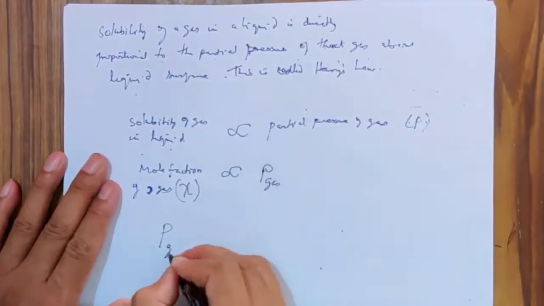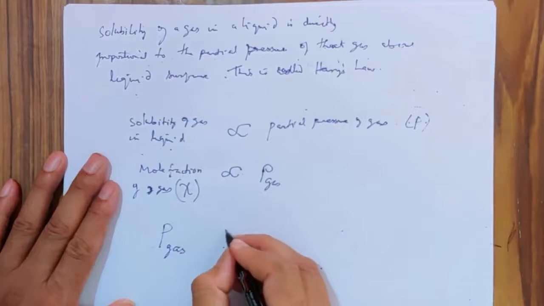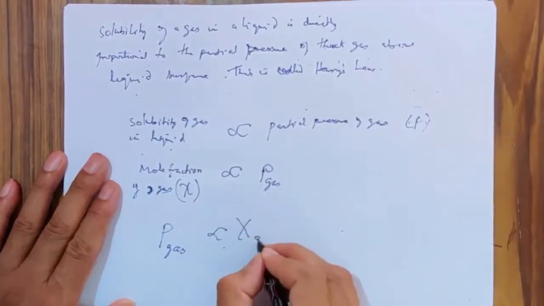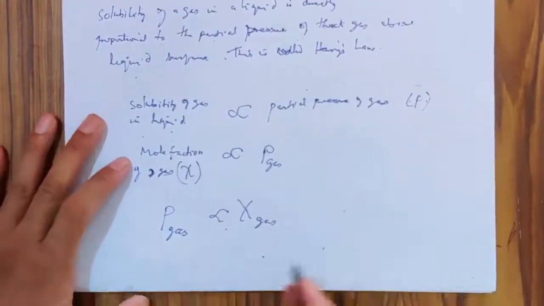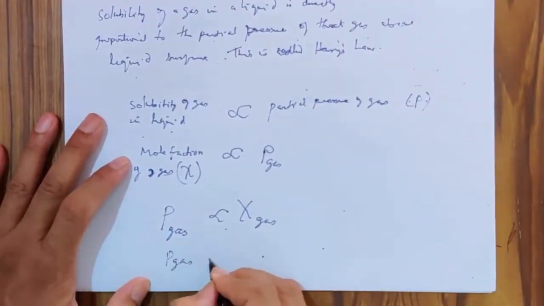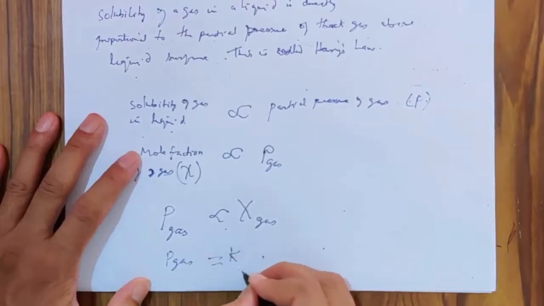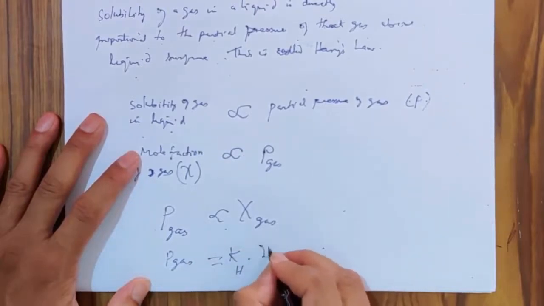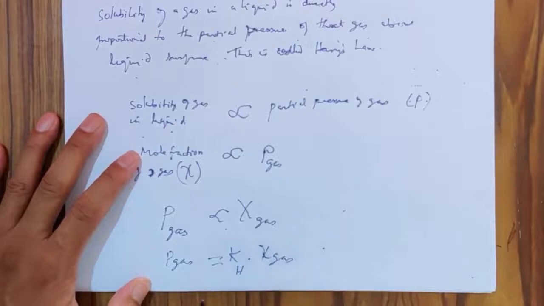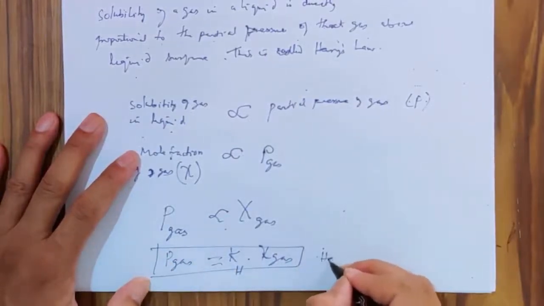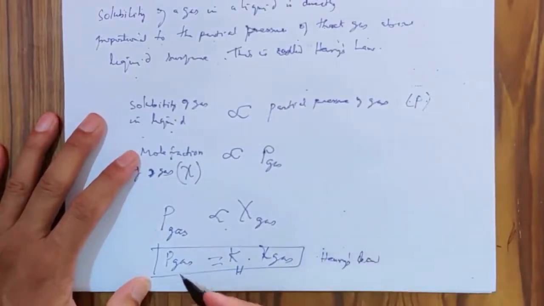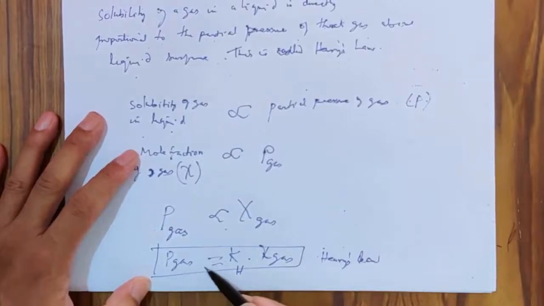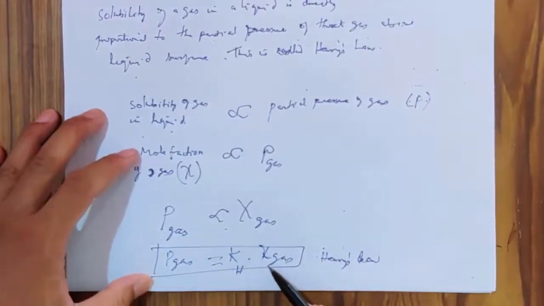P gas is directly proportional to the mole fraction of the gas in the liquid. So P gas is equal to some constant, which is called Henry's constant, times the mole fraction of the gas. This is the famous Henry's law. Partial pressure of the gas is equal to K_H times the mole fraction of the gas.